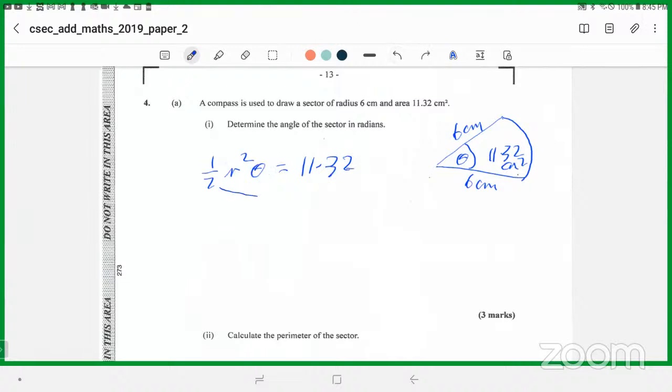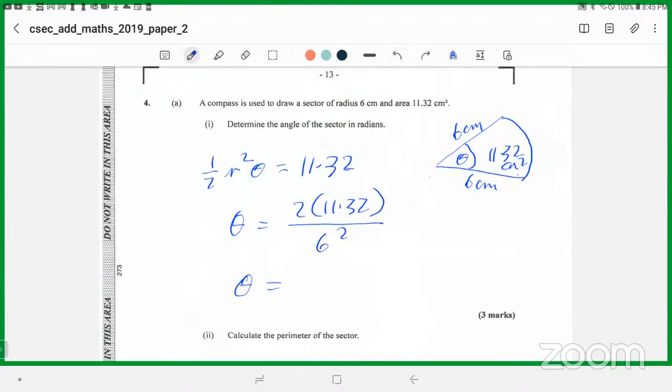So we can multiply by the 2 and then divide by r squared. The theta will become 2 times 11.32 divided by r squared, and r is 6, so I'm going to put 6 squared under here and work that out. I will leave it in radians.